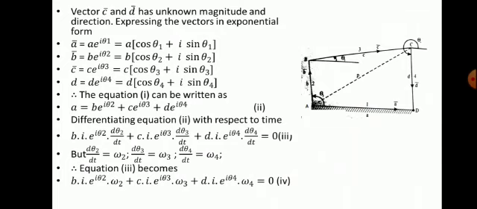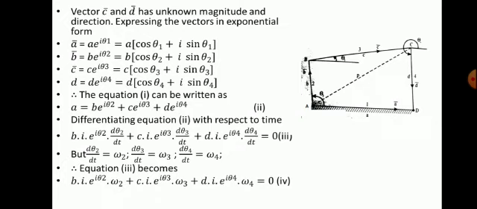Vector A is equal to A e^(i theta 1), which is nothing but A into cos theta 1 plus i sin theta 1.